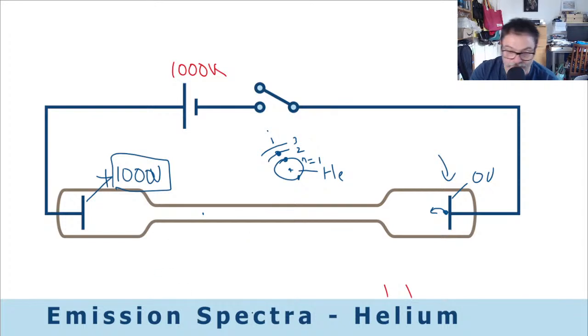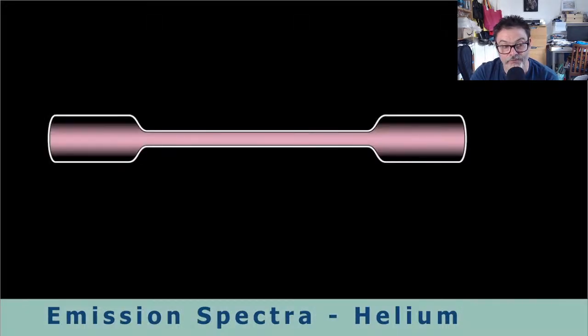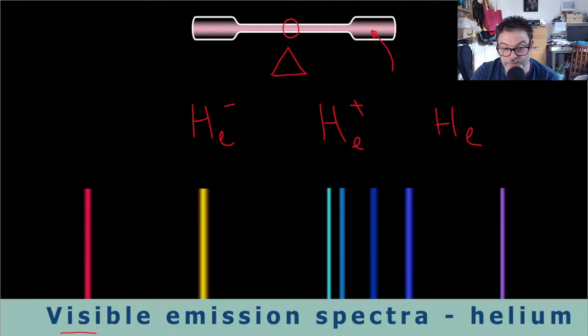Because it accelerates so fast, it ionizes a helium. Bingo, you've got 2 electrons. And then they go off and ionize some more heliums. Bingo, 4 electrons. And so it grows and grows. So that's one method for how we can create an excited gas, and then from that get these beautiful spectrums.